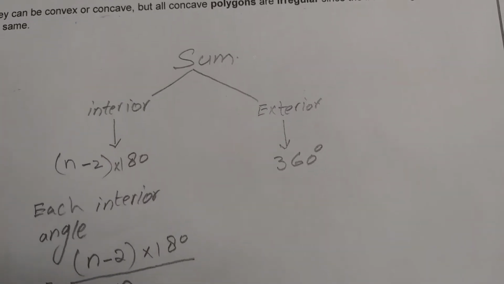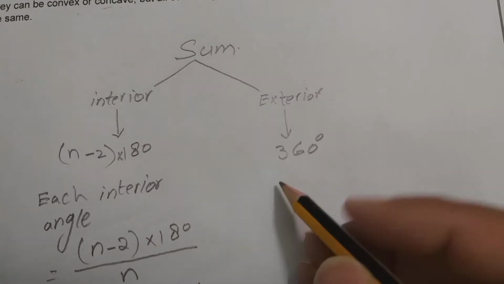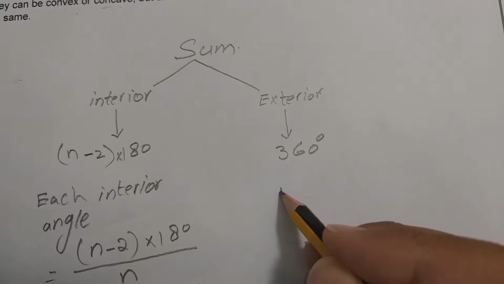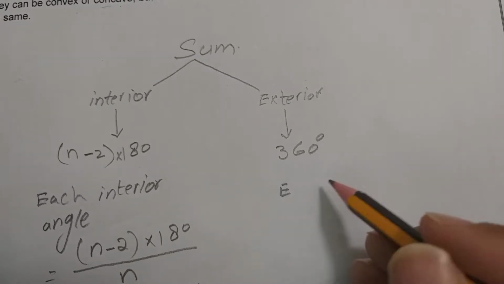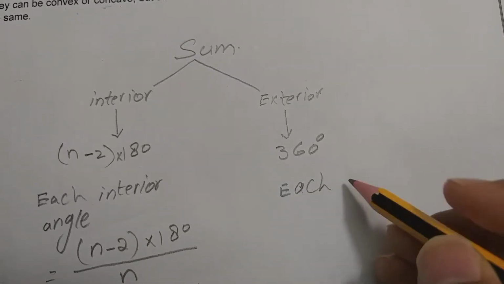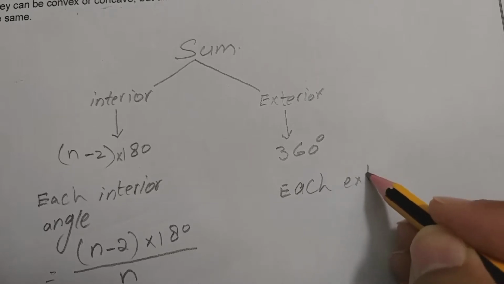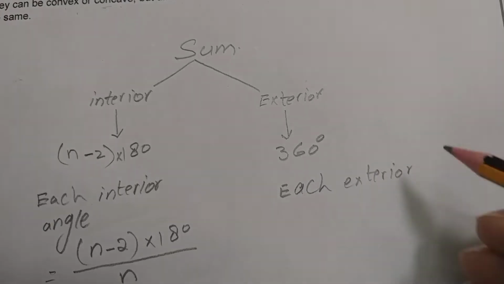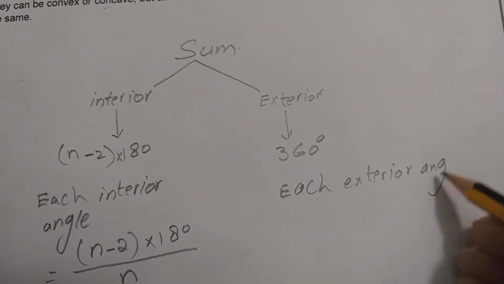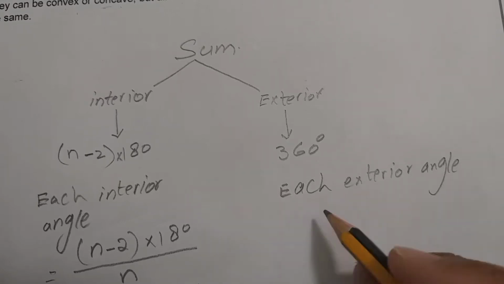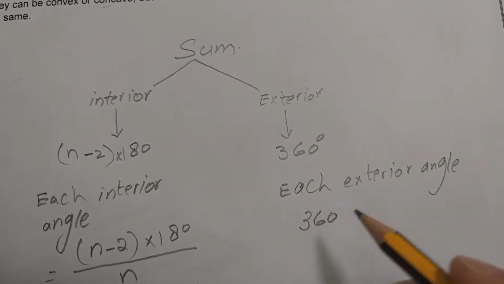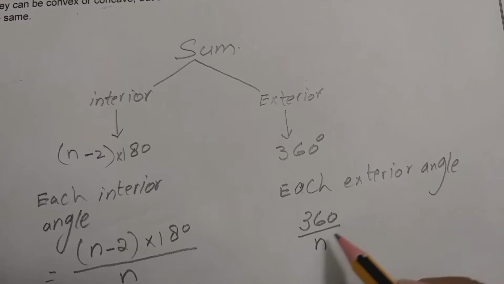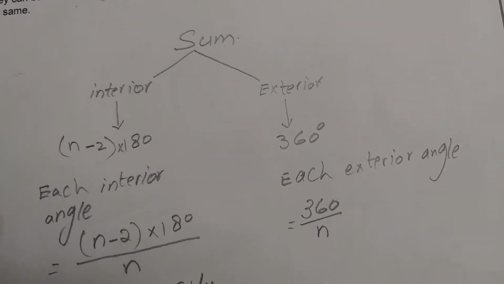If we need to find each exterior angle, we divide 360 by the number of sides.